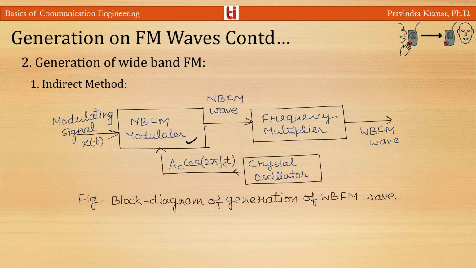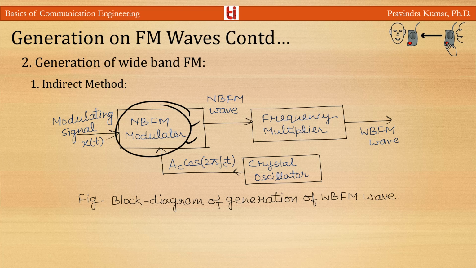The LC oscillators in the direct methods are not stable enough for communication or broadcast applications, so this method uses a phase modulator in the narrowband FM generation. So here we will use phase modulation to generate the FM wave. We know that the modulation index of narrowband FM is less than 1.